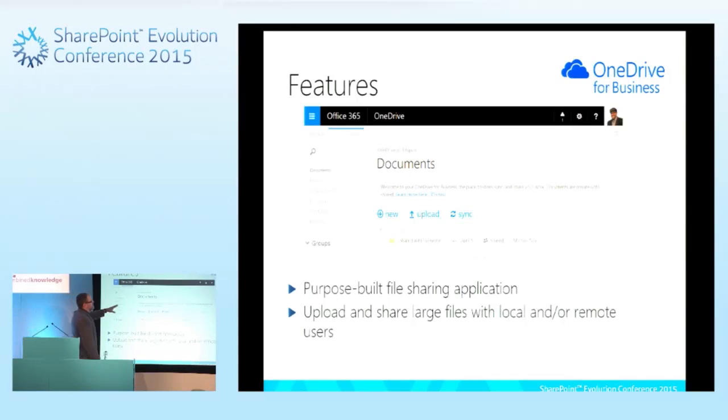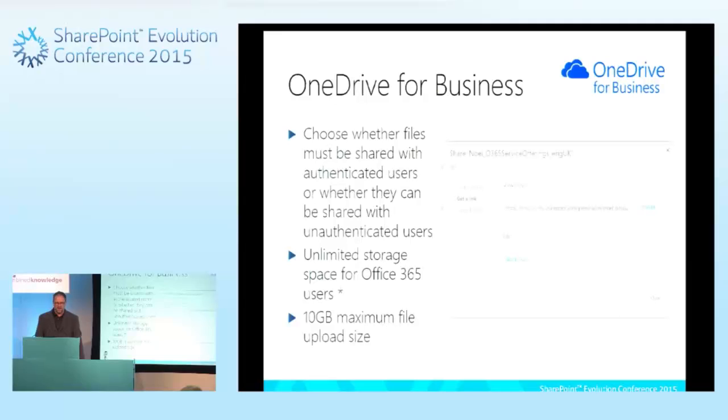Setting up SharePoint as an extranet would take weeks, and there were a lot of things to think about, and there were authentication problems and things like that. But OneDrive for Business makes it much easier to share these files with both local or remote users. So again, you get the ability to just create a link and then send that out to a partner.